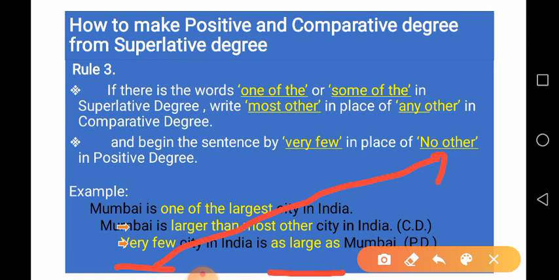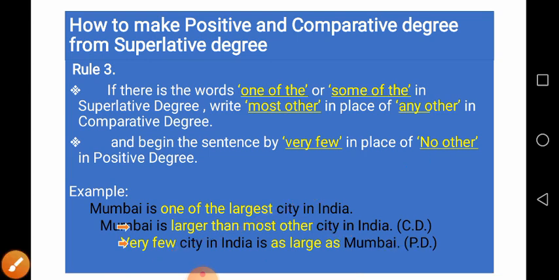So very few city. The second comparative object is taken first while making a positive from a comparative or superlative. We use very few first, then the second comparative object, and then the adjective in between as. So the example of the positive degree is: very few cities in India are as large as Mumbai. Okay, friends?